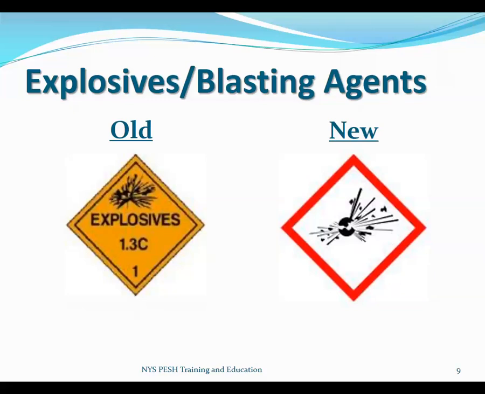The new ones, which are standardized and used across the board for all hazards, are all going to be a red diamond encasing just a picture that represents that hazard. In this case, this is the exploding bomb. This would reference explosives, self-reactive chemicals, and some organic peroxides.